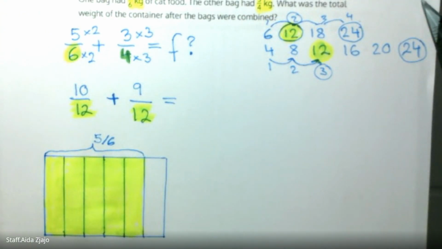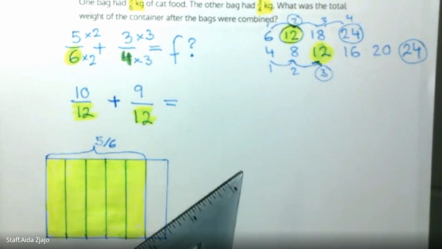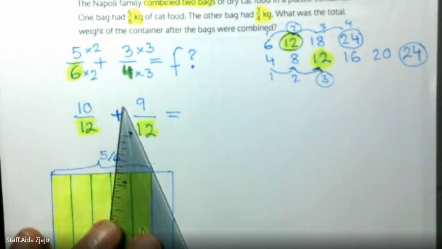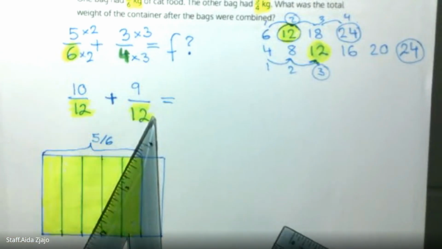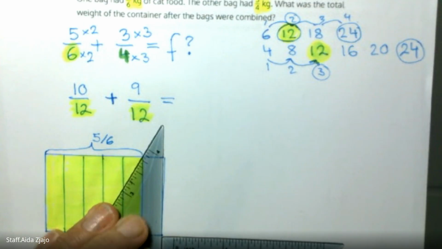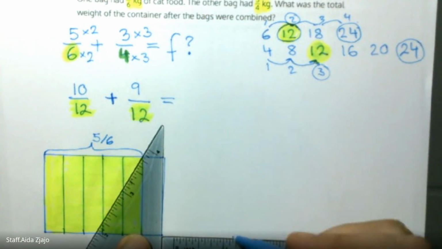Now I'm going to do the same thing, but I am going to make another bag that will also show me 3/4. But the wholes have to be the same size in order to show the correct calculation. So I'm going to start right here.